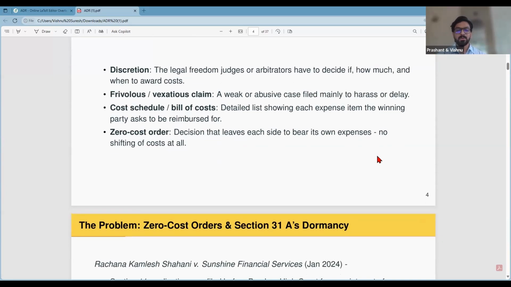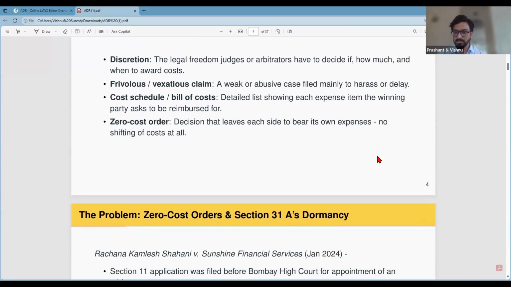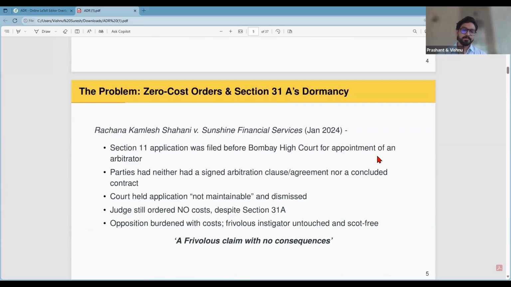So with that, I'm moving on to the problem, or the introduction of the problem. I would like to bring all of your attention to this interesting case. The judgment was passed in January 2024 by the Bombay High Court. Rachna Kamlesh versus Sunshine Financial Services. A Section 11 application was filed for the appointment of an arbitrator by Rachna Kamlesh.